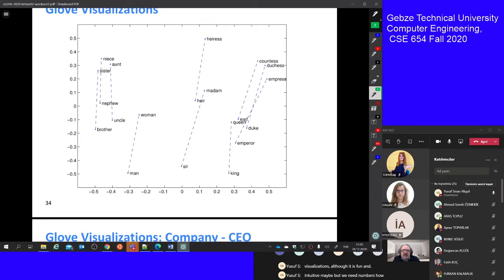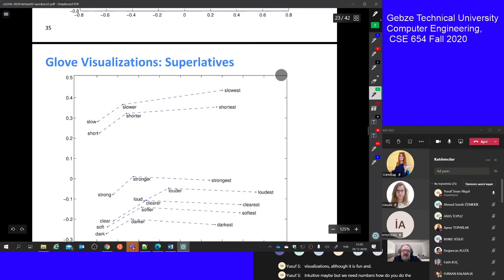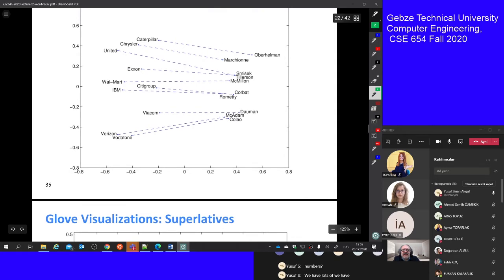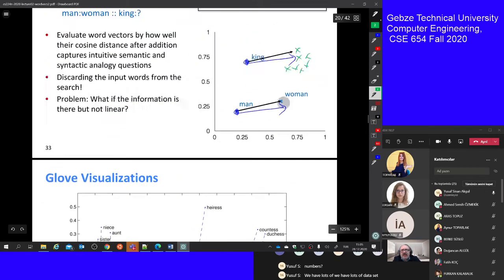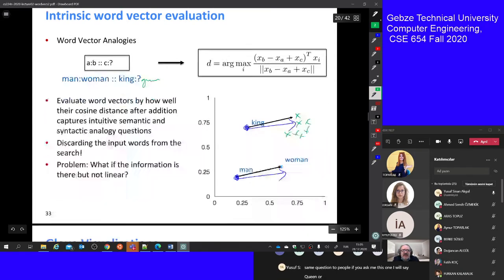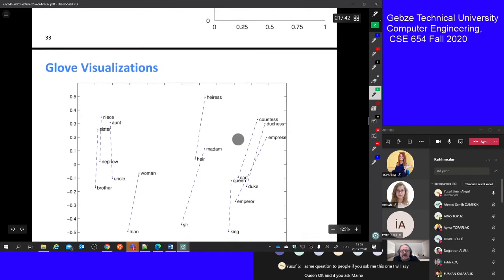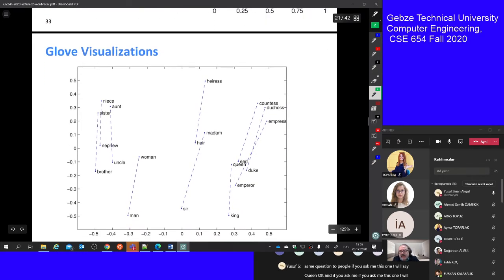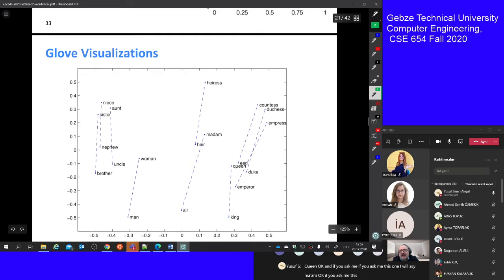How do you do the numbers? We have lots of data sets. We ask the same question to people. If you ask me this one, I will say queen. If you ask me this one, I will say madam. If you ask me this one, I will say aunt. So people form these kinds of analogy pairs.